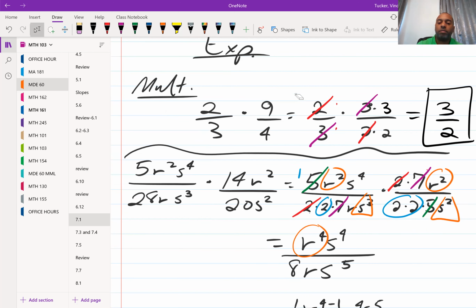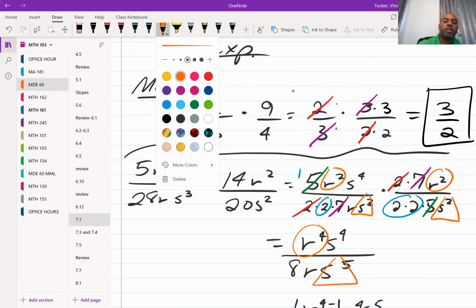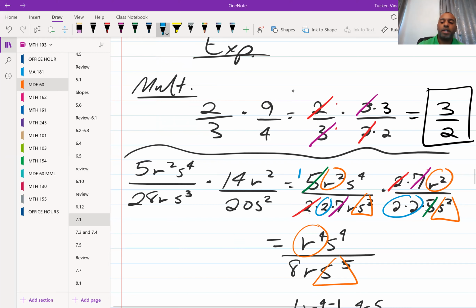Down bottom, I have s cubed times s to the second, that's how I got s to the fifth. And then 2 times 2 times 2 is 8.